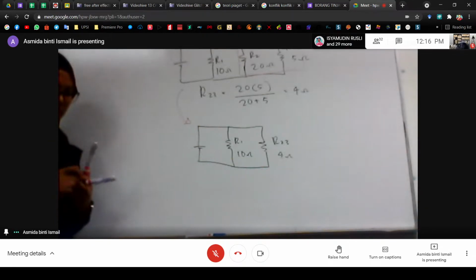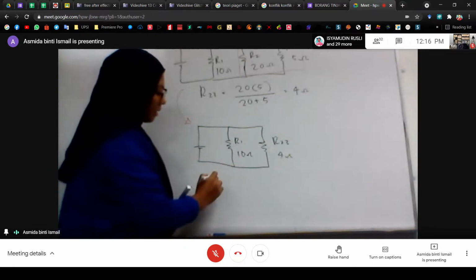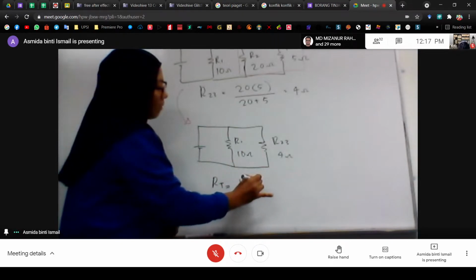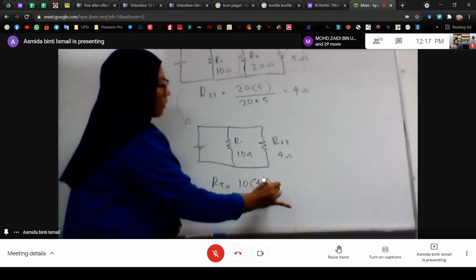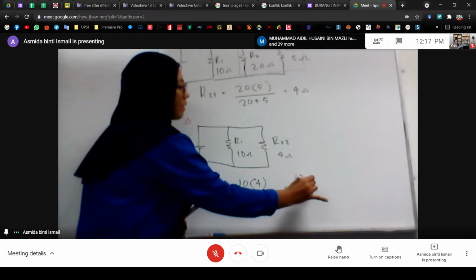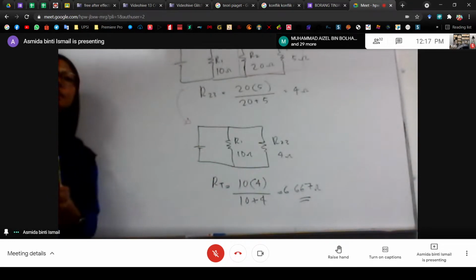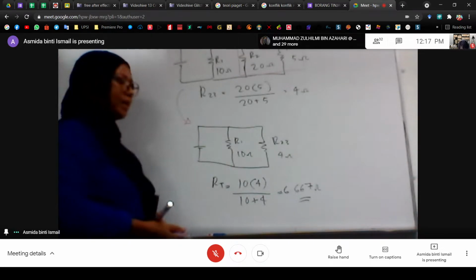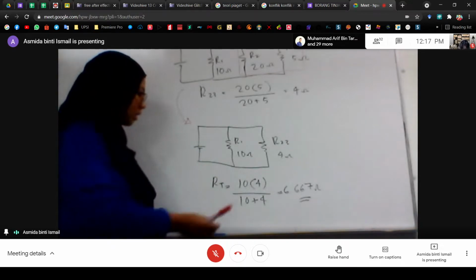So here, R total is equal to 10 multiplied by 4 over 10 plus 4. So you can get the answer. Your answer is 6.66. It's the same. REQ is R equivalent. REQ or R total, we use the REQ or R total.